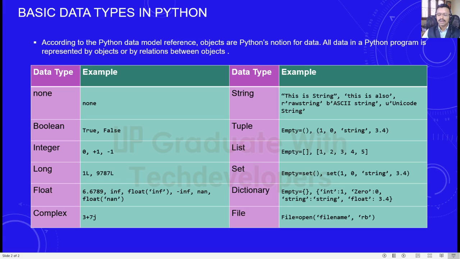Keys are represented on the left side and values on the right side, separated by a colon. An empty dictionary is represented using empty curly brackets, and a real or non-empty dictionary is written inside the curly brackets with the key and value pairs.